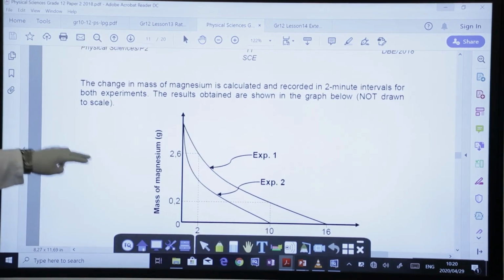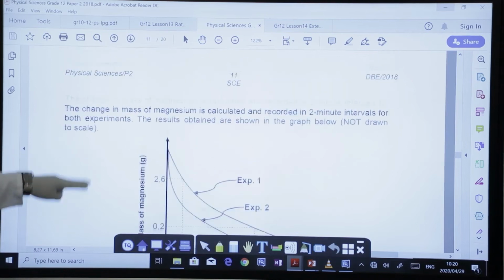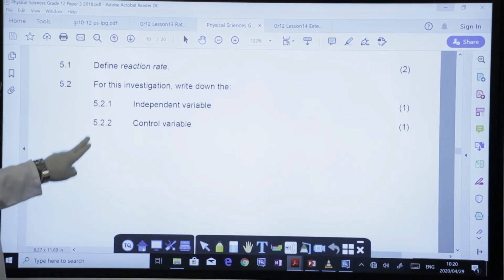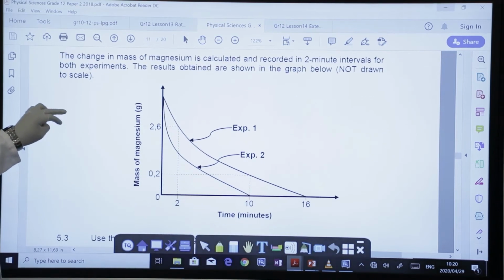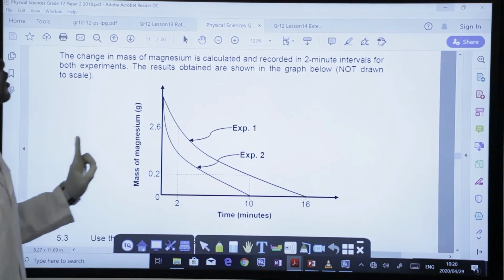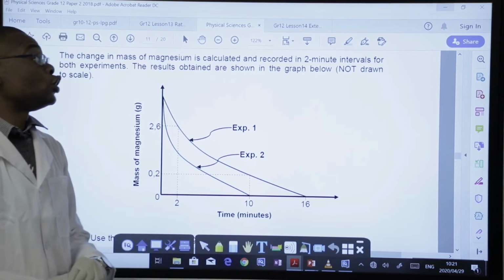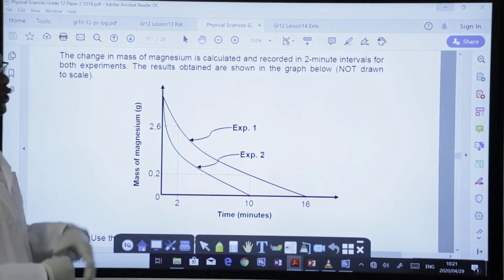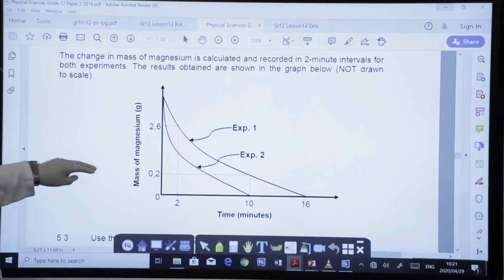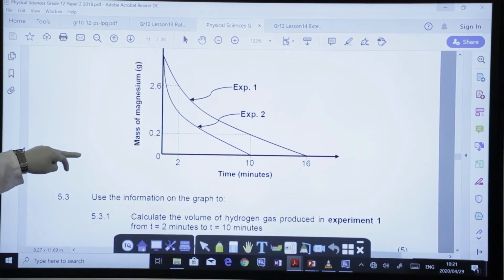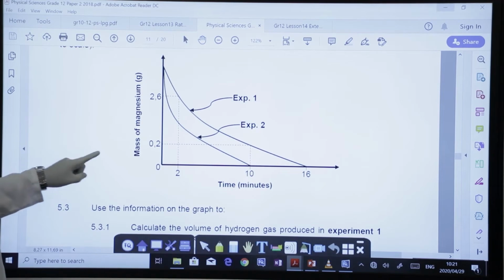So to move on with the example, for those observations, you get 4 marks. The change in mass of magnesium is calculated and recorded in 2-minute intervals for both experiments. The results obtained are shown in the graph below. Let's study this graph in detail.